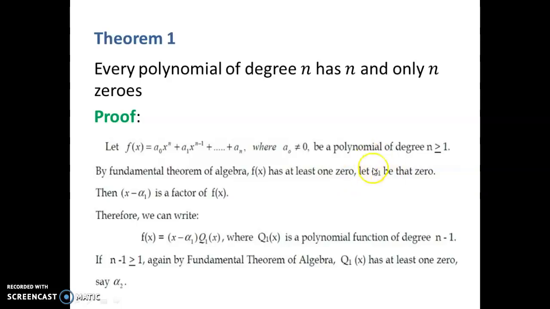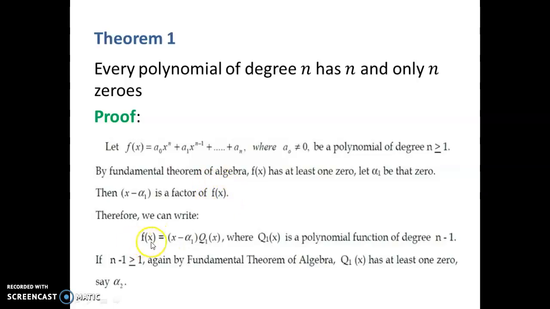Suppose alpha 1 is a zero of this polynomial. Then as we know, if alpha 1 is a zero of a polynomial, then x minus alpha 1 must be a factor of this polynomial.